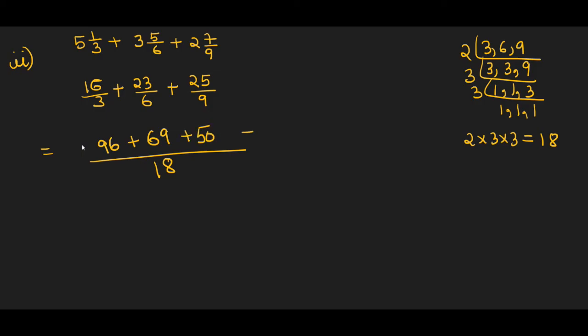And on adding, you will get this as 215 upon 18. And then you can convert this into a mixed fraction. This will be 11 17 upon 18, children. So first you will find the LCM, then you will add these three fractions.